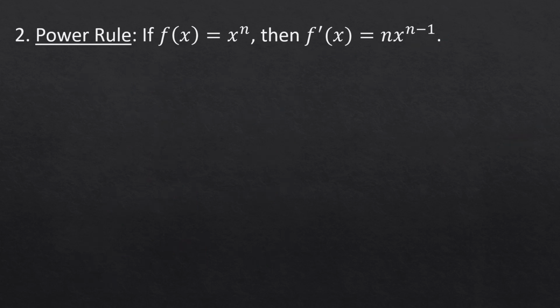So another example, you have g of x is equal to x raised to negative 3. So here, the value of n is equal to negative 3. So you can still follow the rule.